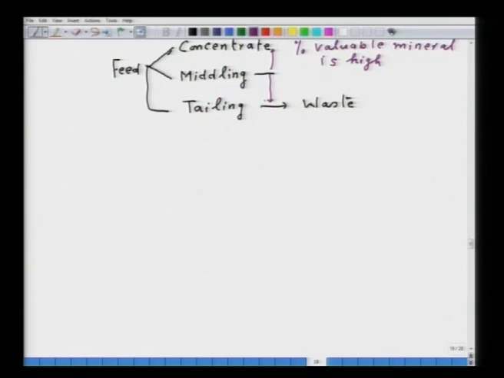So, normally the output of a plant, that means plant output, it consists of feed separated into concentrate and tailing.